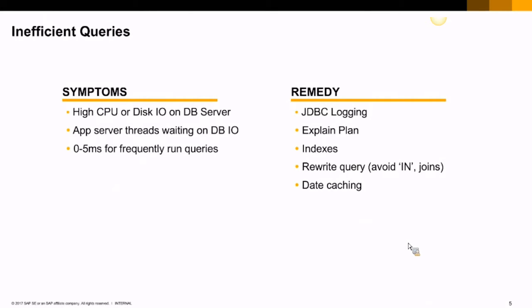This way you can isolate not only the slowest queries, but the top N queries, the ones that are impacting performance the most. Usually it's a combination of the number of executions and the average response time of the query itself. So with the JDBC logging, you will know which queries to focus on.